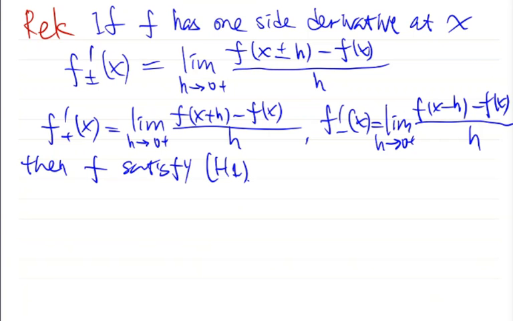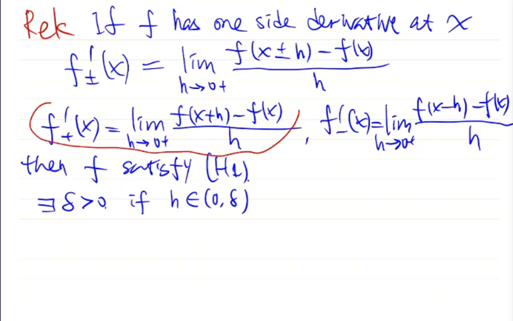Why is this true? By the definition of one-side derivative, suppose we consider the right derivative at x.